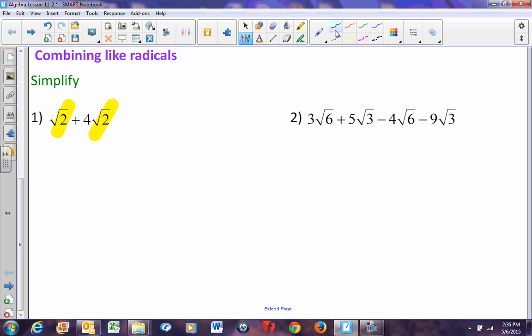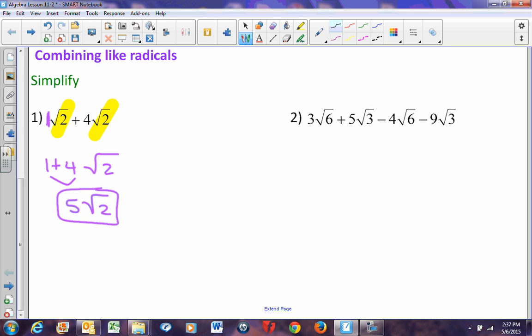Remember, if there's no number in front of a radical, there's the implied number 1. So I basically have 1 plus 4 square roots of 2. Adding these together, you get 5 square roots of 2, because 1 square root of 2 plus 4 square roots of 2 equals 5 square roots of 2. It's like saying 1x plus 4x becomes 5x. You don't do anything with the radical. It kind of gets tagged along like a variable.